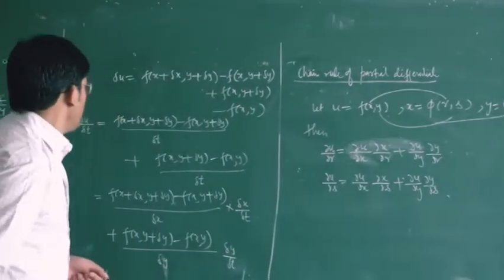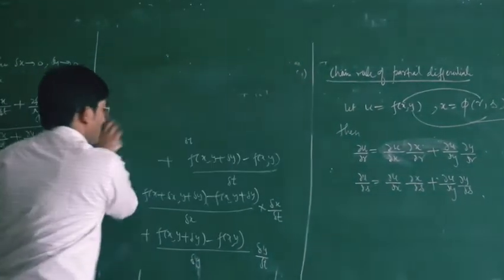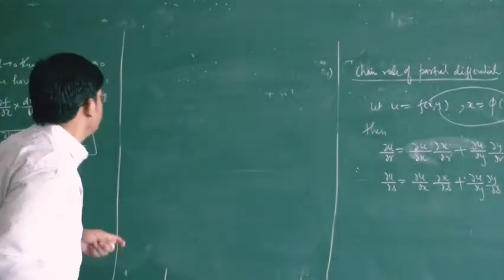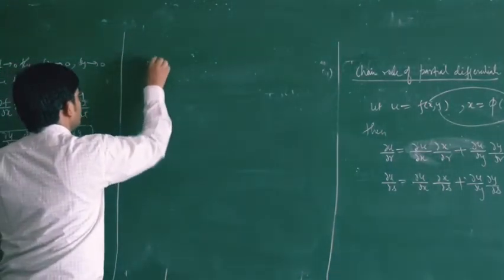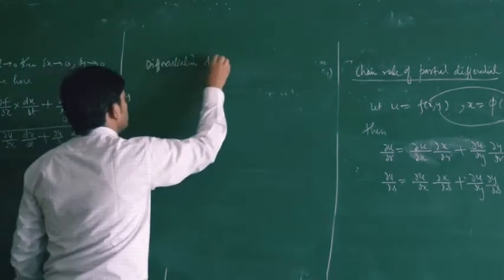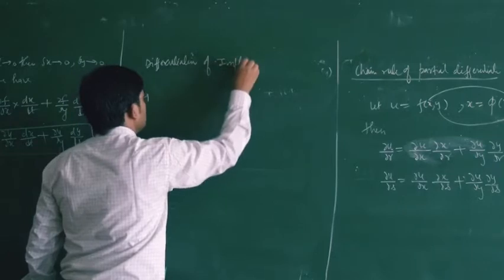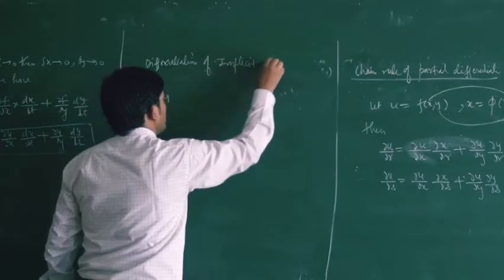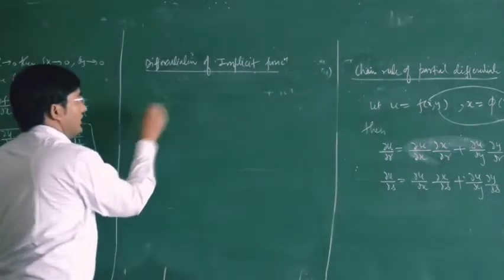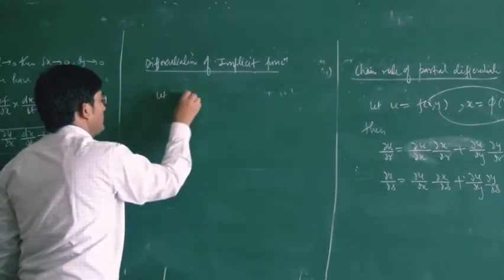Now differentiation of implicit function. For that, let f of x y equal c.